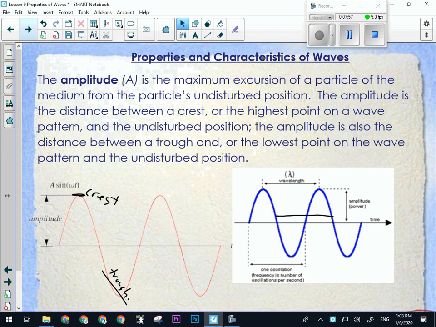So any two equal successive points on the wave are one wavelength apart. So one crest to one crest is one wavelength. One trough to one trough is one wavelength. Or any other equal points on the wave are going to be one wavelength apart.